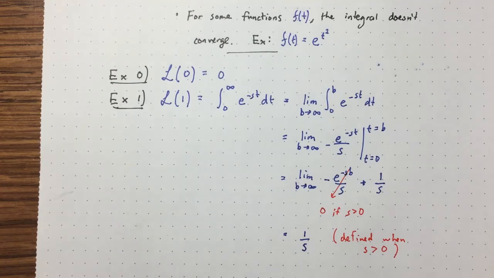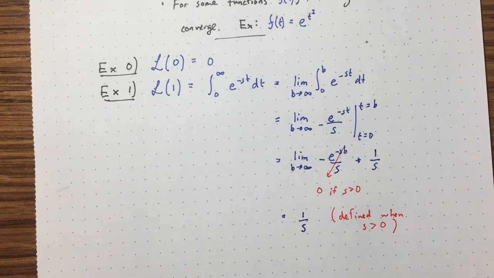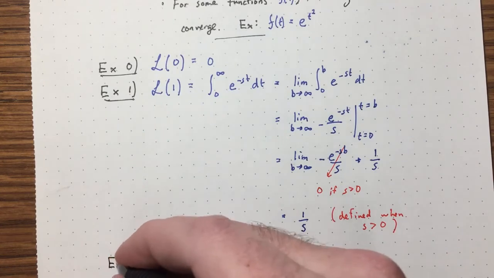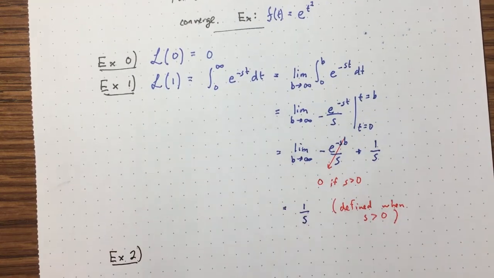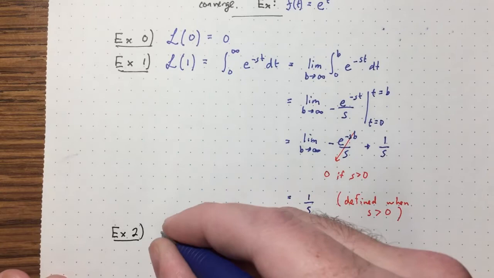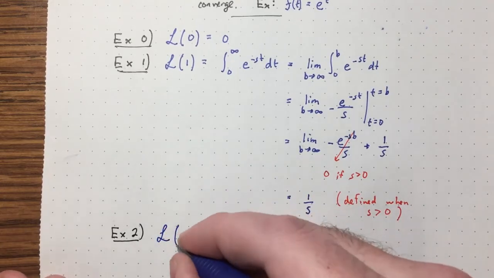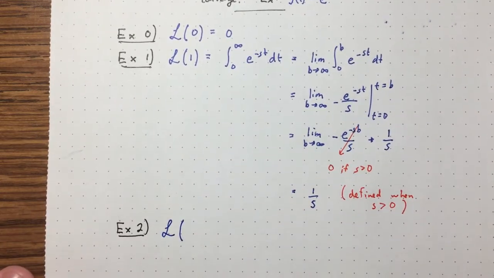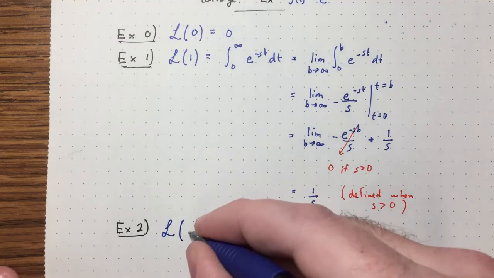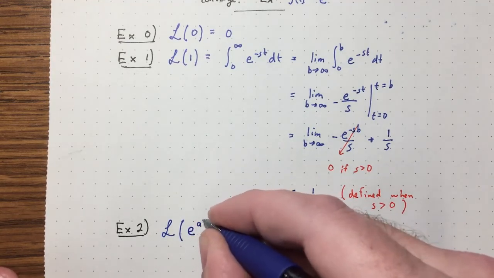Okay, let's do another example. Actually, let's just start right here. So example 2. What's the next easiest function? Well, let's do an exponential, e to the at.